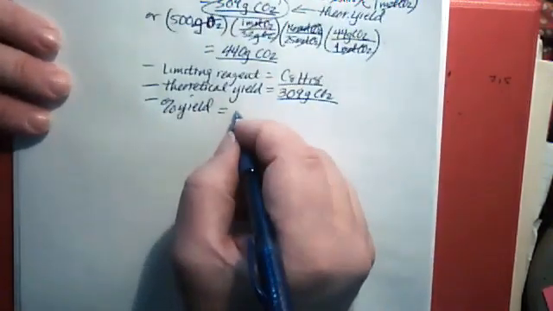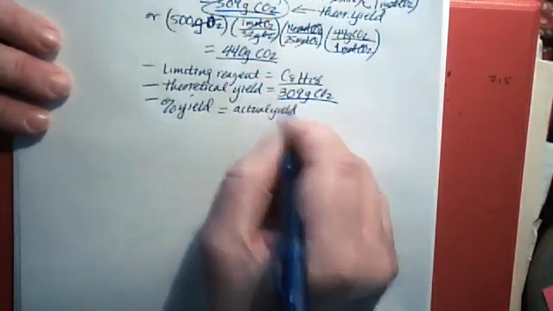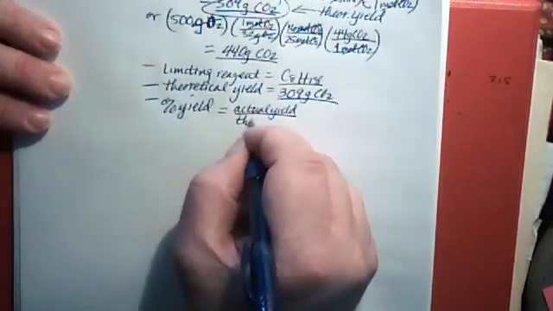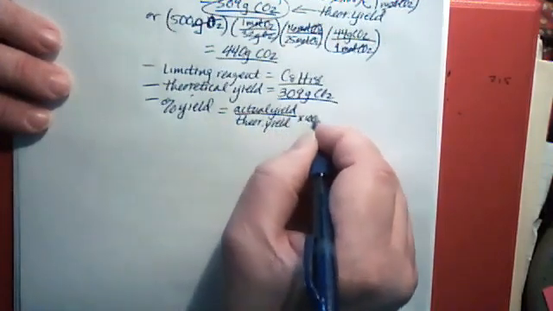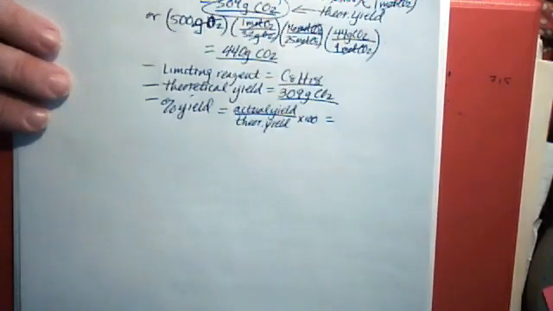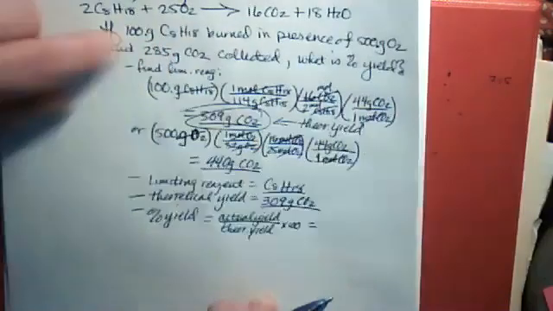And the percent yield is just going to be the actual yield over the theoretical yield times 100. The actual yield, again, is the one that I have to give you in the problem since you're not actually doing the experiment. So that would be the 285.